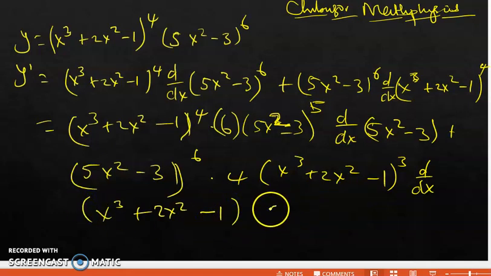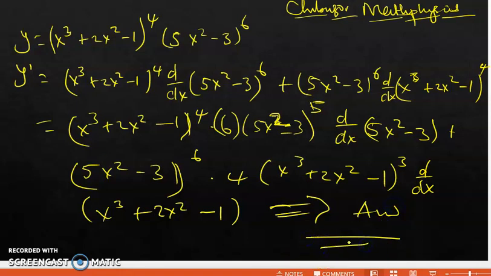So we simply do simplification from here to get a solution, and this is how we work with this kind of question in derivative. When you reach here, you simply do simplification so that you get the final answer, which would be our y prime of x.